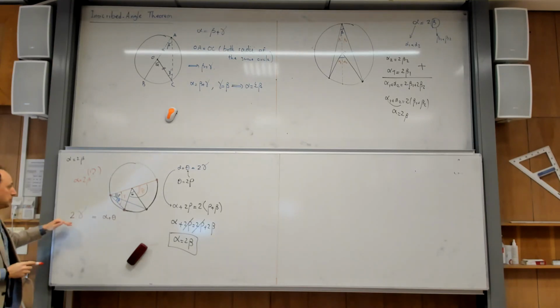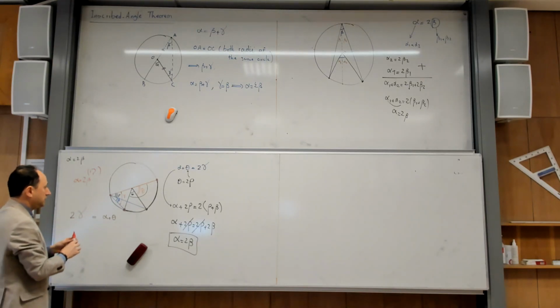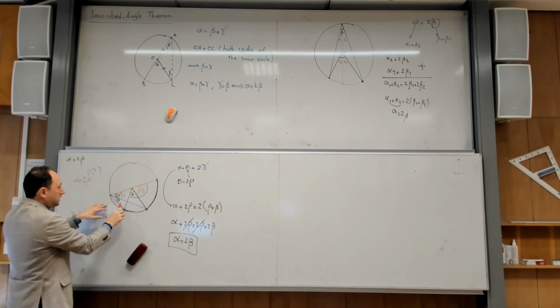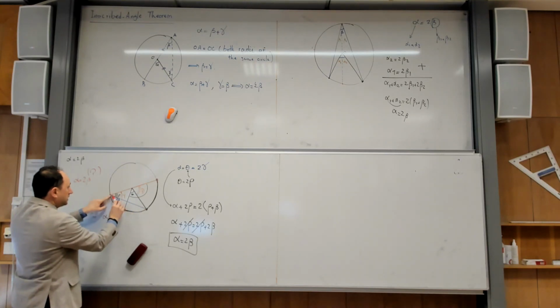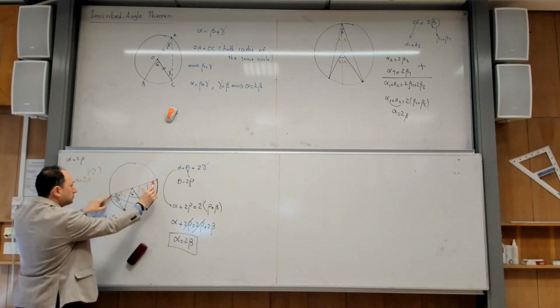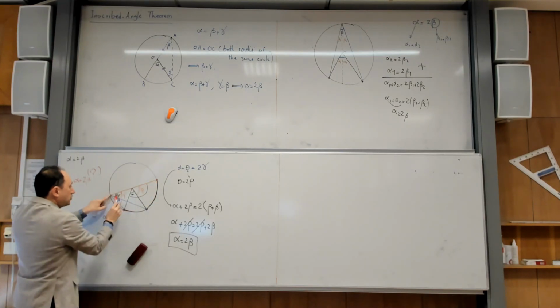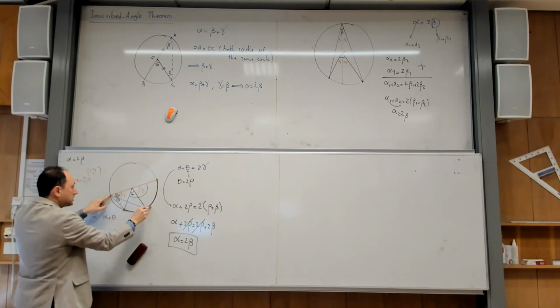Okay? But now, let us change my strategy a little bit. Instead of looking at gamma, let me now look at rho, this angle. This leg is a chord. This leg is also a chord, but also more. Yes, it's a diameter. So rho is an inscribed angle, but this is subtending this arc this time.